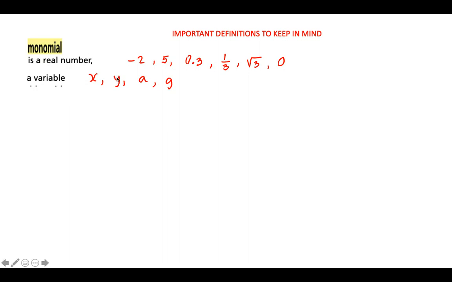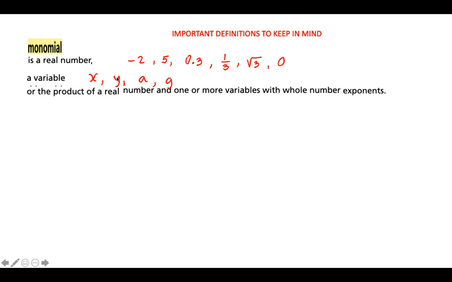Let's continue. Now we've got real numbers or variables, but we could also have a multiplication. Please remember, product means multiplication of one real number and one or more of those variables. And those variables need to have exponents that are whole numbers.